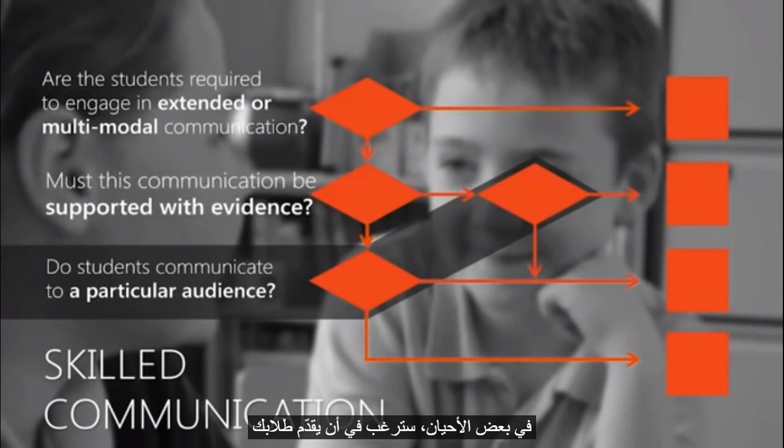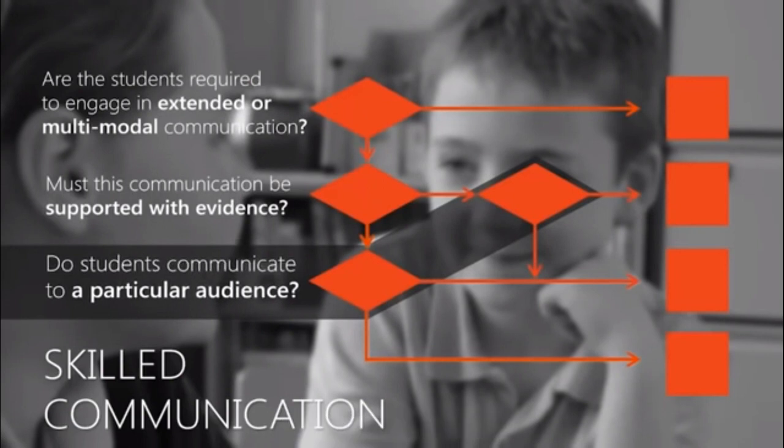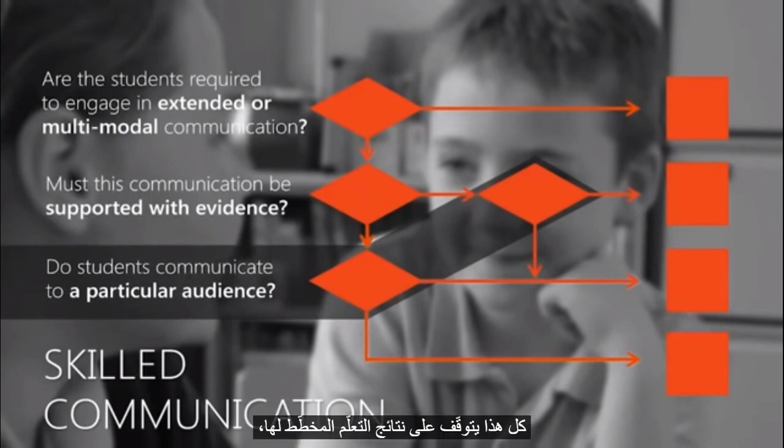At times, you will want your students to provide supporting evidence to explain their ideas or support their thesis with facts and examples. There are other times when you will want students to design products to communicate to a particular audience. It all depends on the planned learning outcomes and the needs of your students.